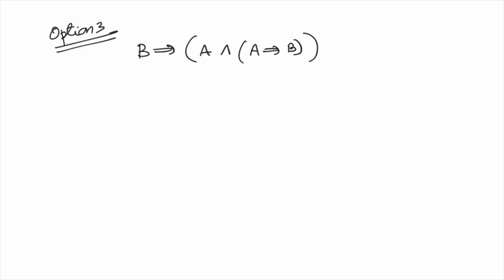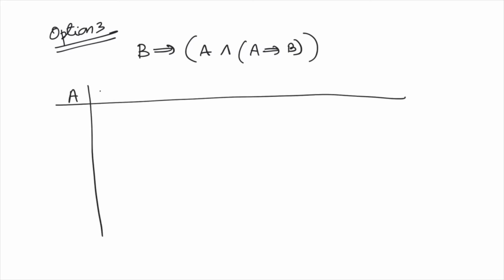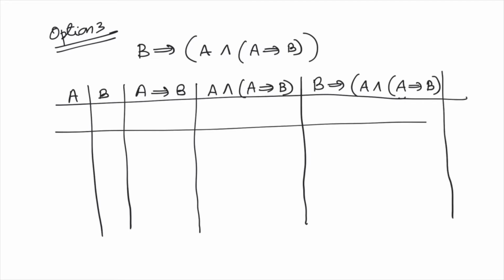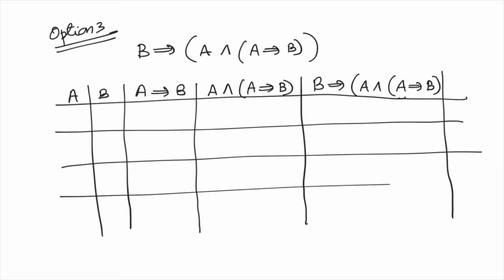So we can draw a truth table with a column for A, a column for B, a column for A implies B, a column for A and A implies B, and a column for B implies A and A implies B. Now there are 4 combinations: TT, TF, FT, and FF.